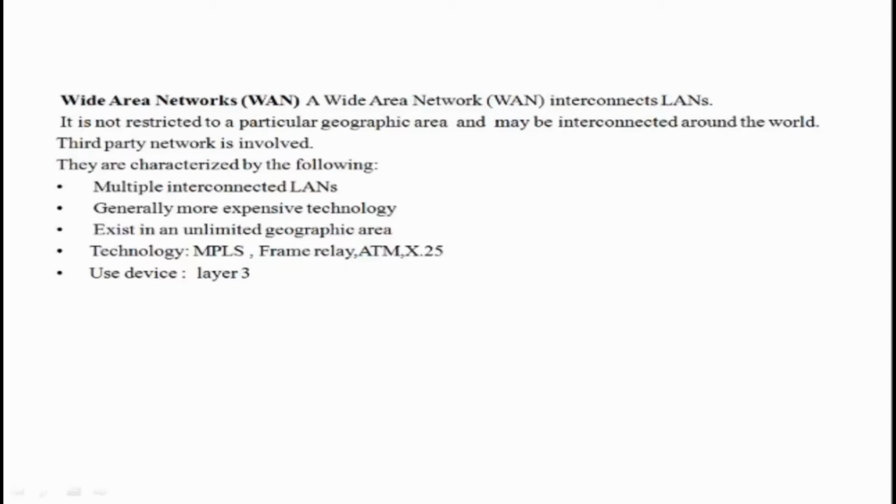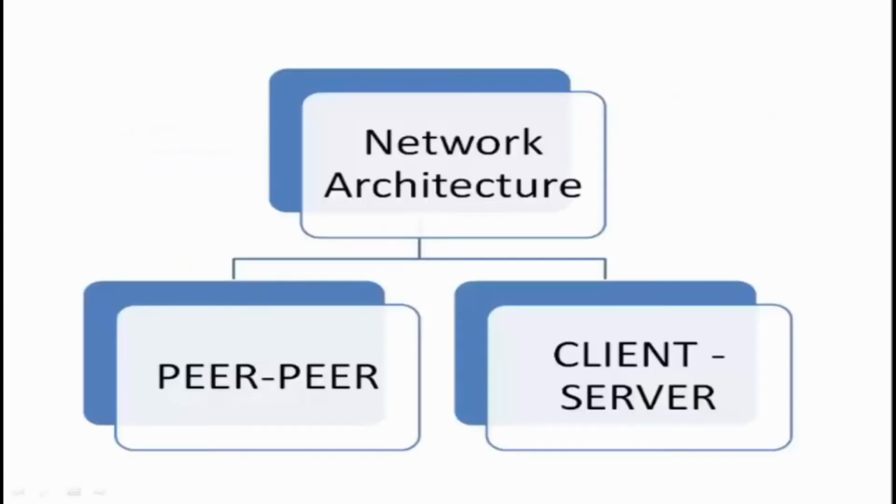Generally it is a more expensive technology because here we are using a layer 3 device, that is router, and more advanced technology. It basically exists in an unlimited geographical area, and the technologies used here are MPLS, frame relay, ATM, and X.25.